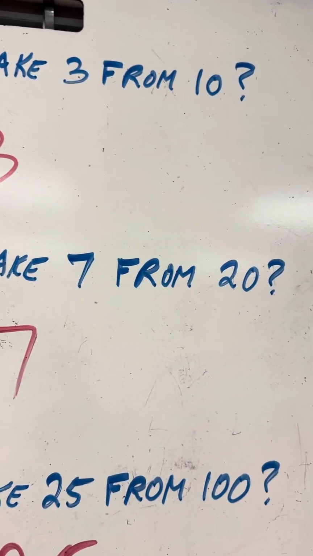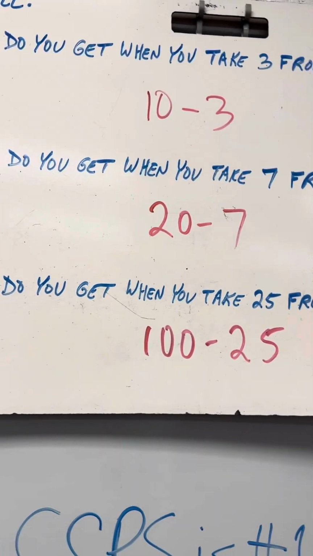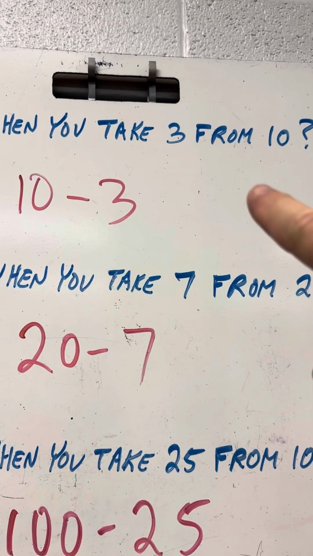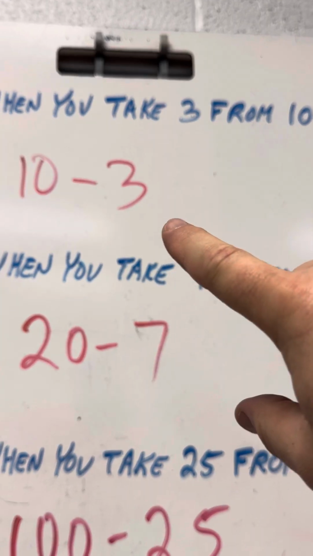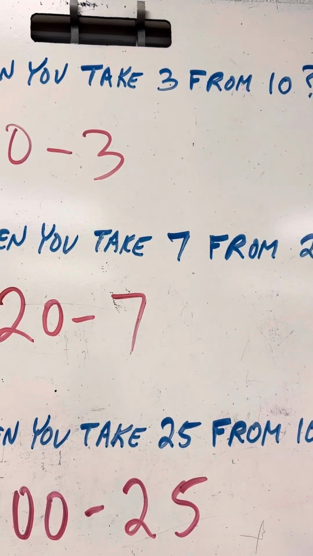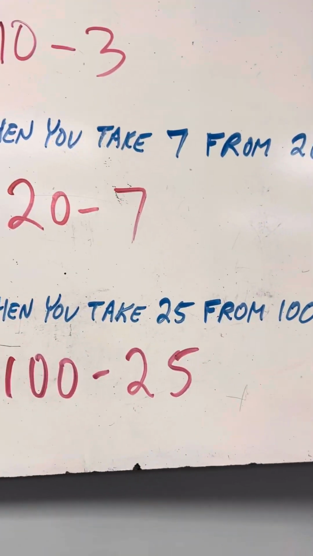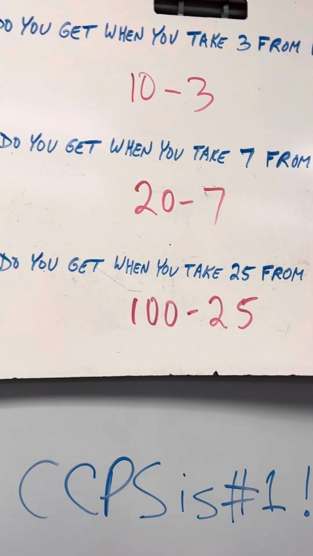If you take 25 from 100, isn't that 100 minus 25? Notice how in each one of these problems, when you have the word from, 3 from 10, the 3 comes second, the 10 goes first. Here, 7 goes second, the 20 goes first. 25 goes second, 100 goes first. Right?